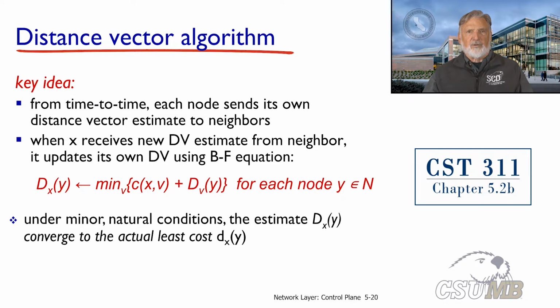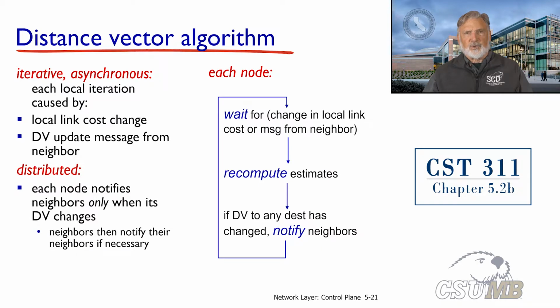The DV algorithm is iterative, asynchronous, and distributed among all the routers in the network. In the implementation of routing using the DV algorithm, each node exchanges DV messages with its directly connected neighbors.